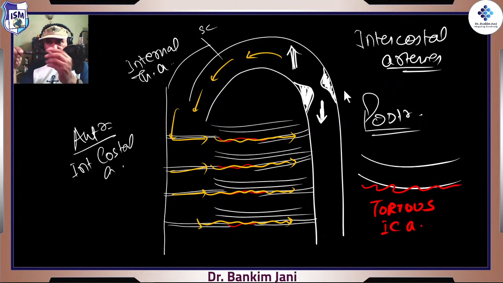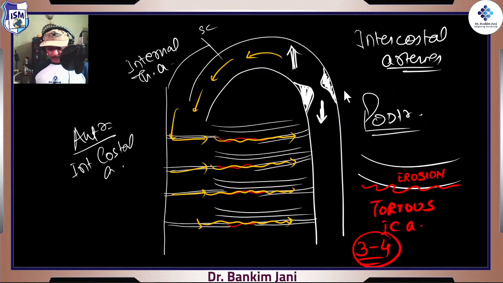Now let's say this is the rib. With every pulse, it will keep on knocking it, right? That would lead to erosion. When this erosion occurs, it is classically seen in the third and fourth ribs, commonest. It is not seen in the first and second because their intercostal arteries are way beyond.